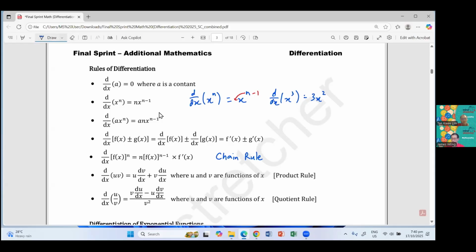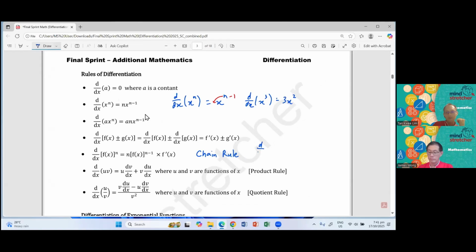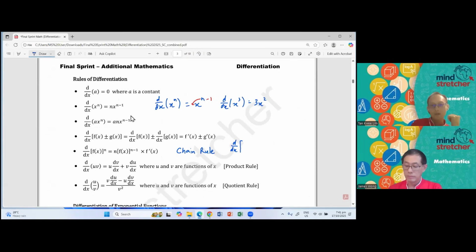Okay, then the next one. This is the one which I wrote earlier. If you can recall, this is what we call the chain rule, right? So if I have a function to the power of n, for example, d dx of x cubed plus x squared, a very simple one, all right, and after that I have a square here, right?